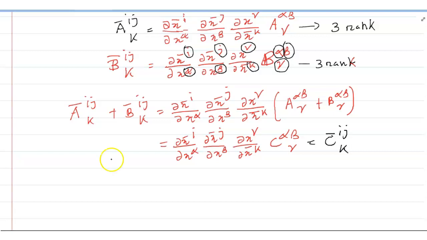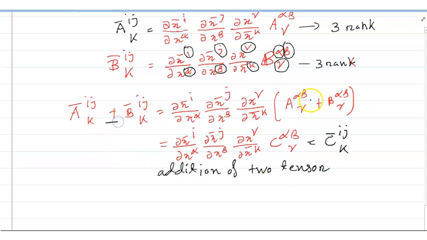This is the addition of two tensors. And for subtraction, it should be minus here.